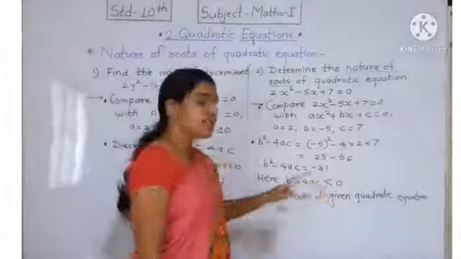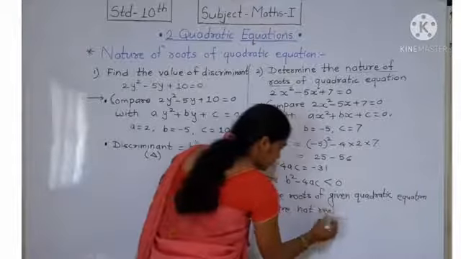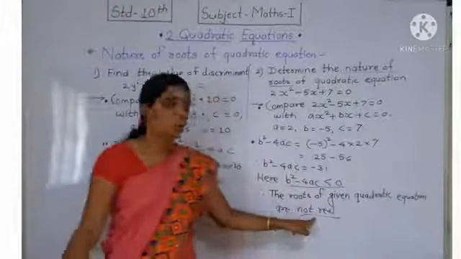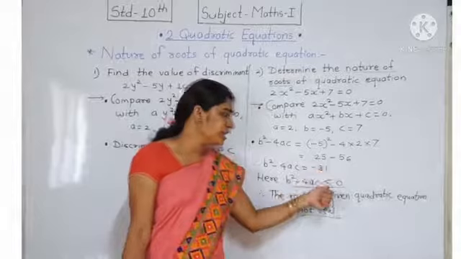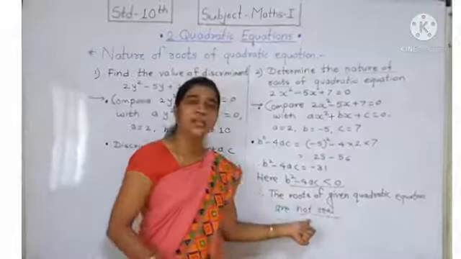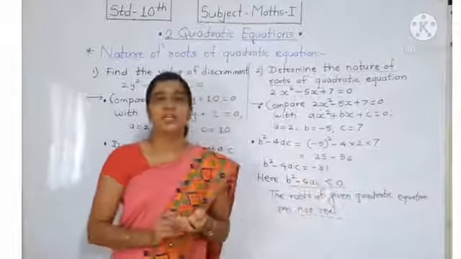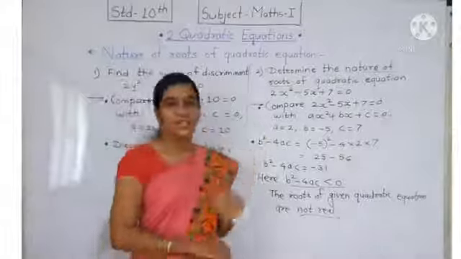If the value is less than 0, not real. If b square minus 4ac is less than 0, then the roots are not real. If there is a positive answer, you write greater than 0 and the roots are real and unequal. And if 0, the roots are real and equal. You simplify such type of example.